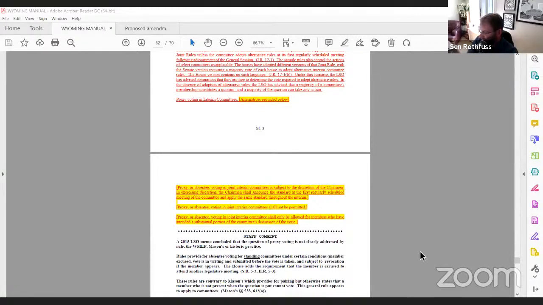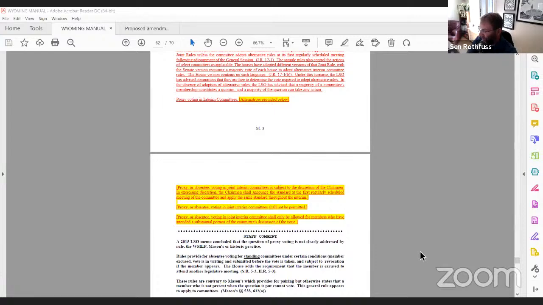Well, Mr. Chairman, I just had a question on this. The way this reads, this is under sample rules. It's not binding, and it's simply a list of three options for alternatives that an interim committee could use to incorporate into their interim committee rules as an alternative to the sample rules, which are in the rules.